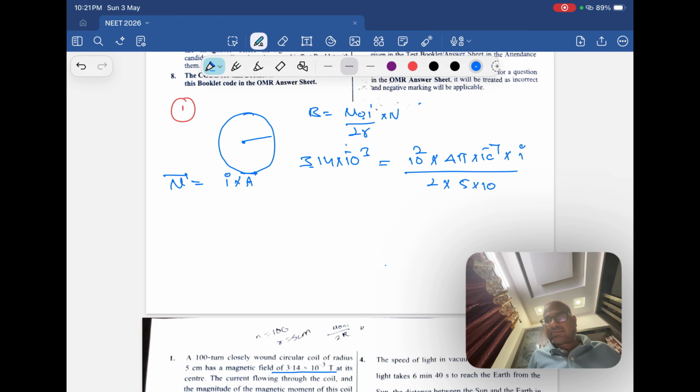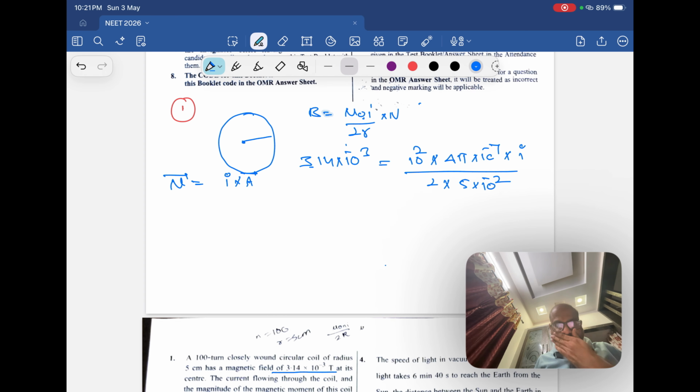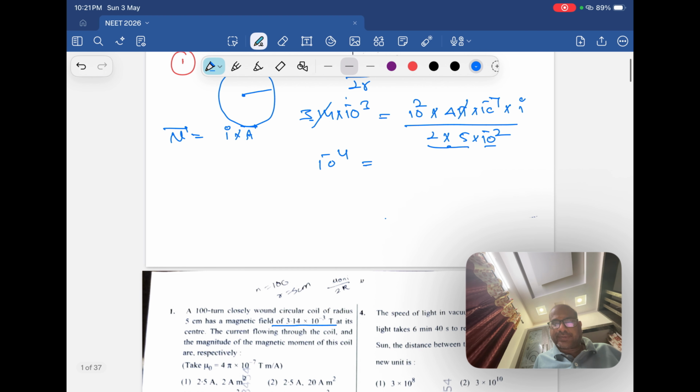Convert to SI, 5 into 10 power minus 2. Now simplify: pi value 3.14 you can cancel either side, and 10 power minus 2, 10 power minus 1, transferred to the left side becomes 10 power minus 4, and then this will be 10 power minus 5 into I.